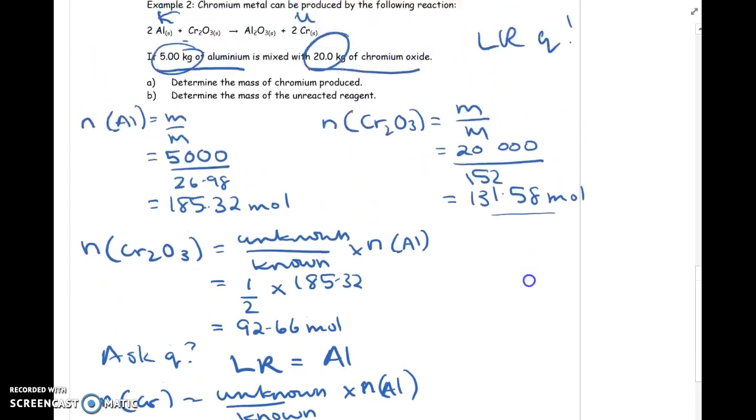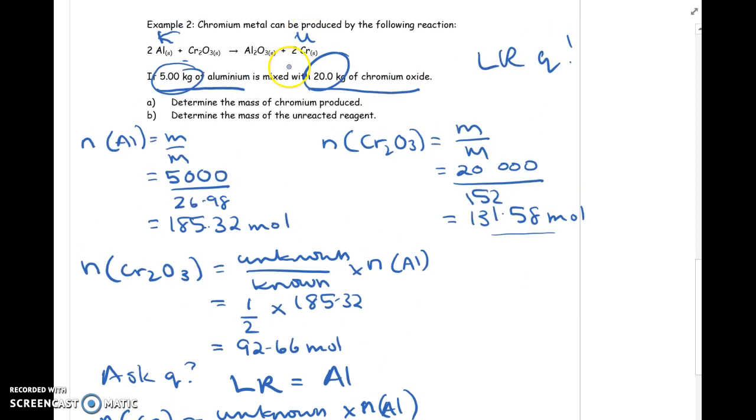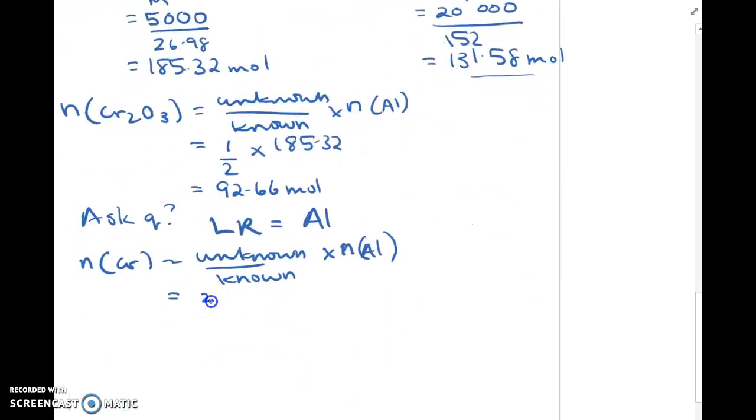Going back to our equation, using the coefficients, the unknown is 2, the known is 2, so 2 over 2 times 185.32 tells us that we're going to have 185.32 moles of chromium.